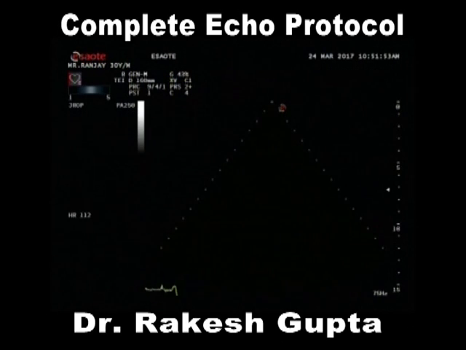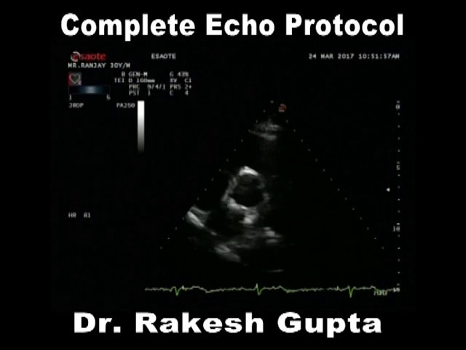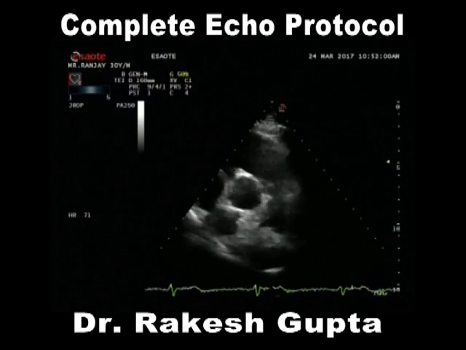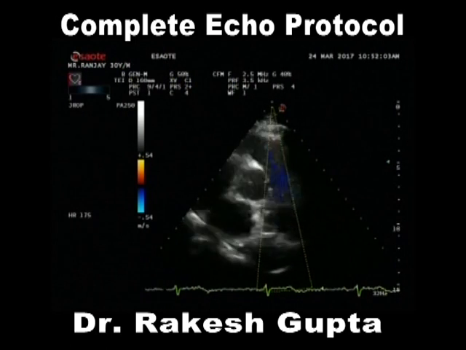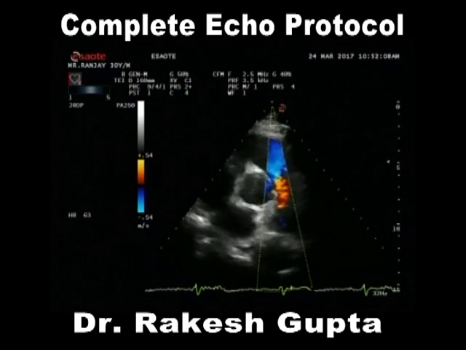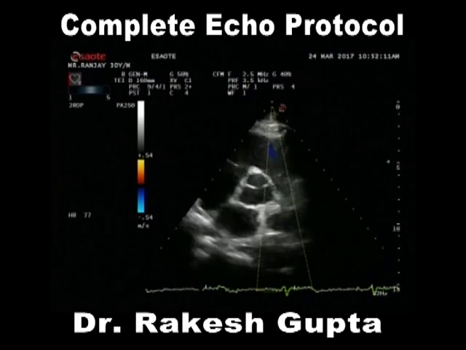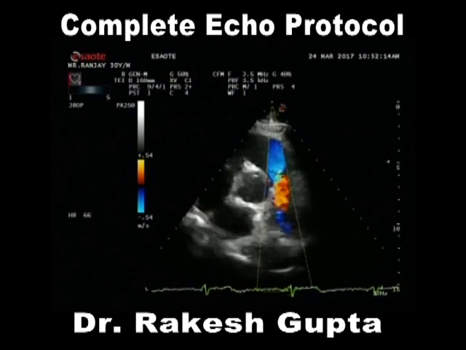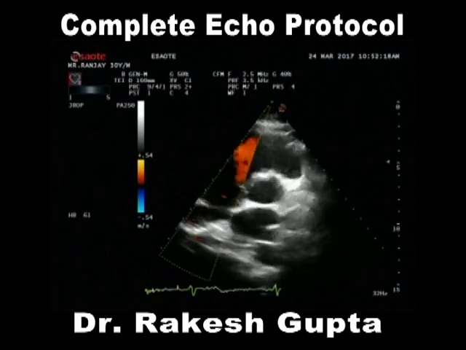Similarly, at the same time, I will spend time here to look at pulmonic regurgitation also. What we have realized over a period of time is that if we are able to see a pulmonic regurgitation jet, whether it is mild, moderate or severe, we can calculate mean pulmonary artery pressure to a very large extent. Now, from this window, I will switch over to the window toward the tricuspid valve.